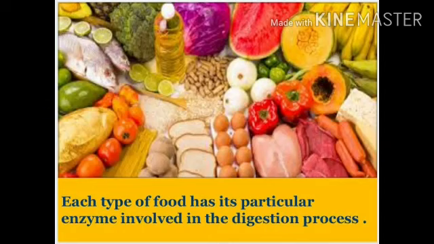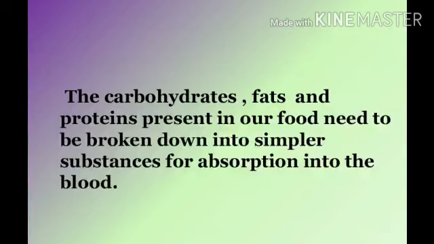Each type of food has its particular enzyme involved in the digestion process. The carbohydrates, fats and proteins present in our food need to be broken down into simpler substances for absorption into the blood.